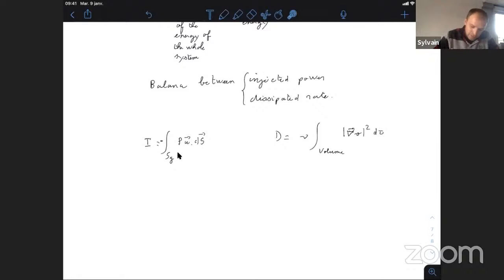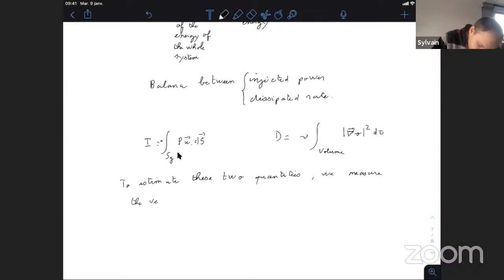So to estimate these two quantities, we measure directly the velocity field.